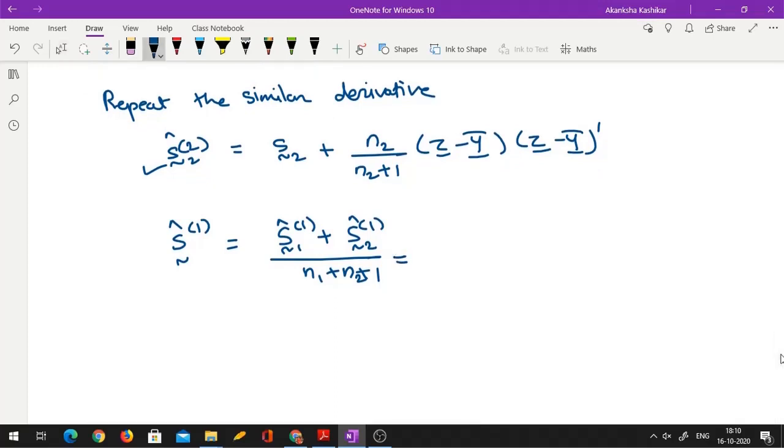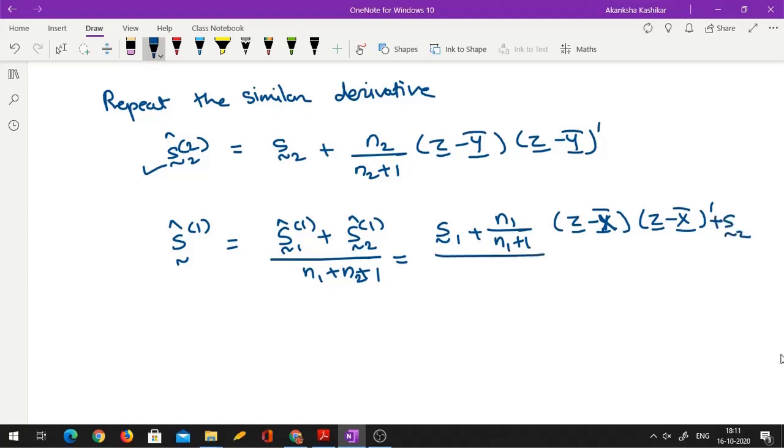This S1 we know under first hypothesis is original S1 plus N1 upon N1 plus 1 into Z minus X bar prime, and S2 under first hypothesis is nothing but just S2.